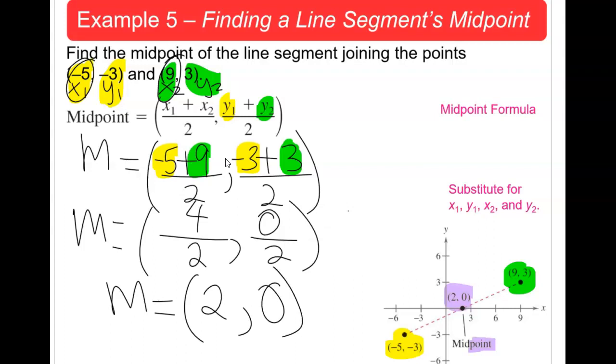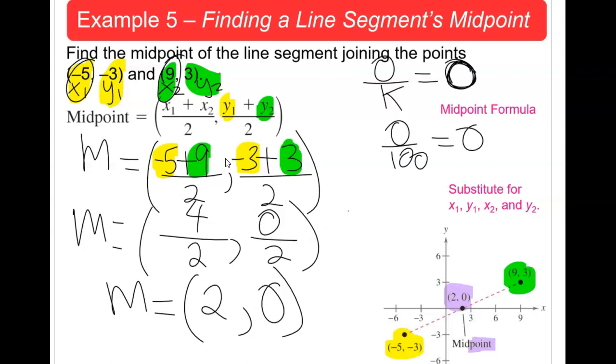I want you to remember that 0 divided by any number is always 0. Imagine if you have 0 pizzas and you invite, I don't know, 100 friends. How many slices of pizza do each friend get? It's 0, nothing.